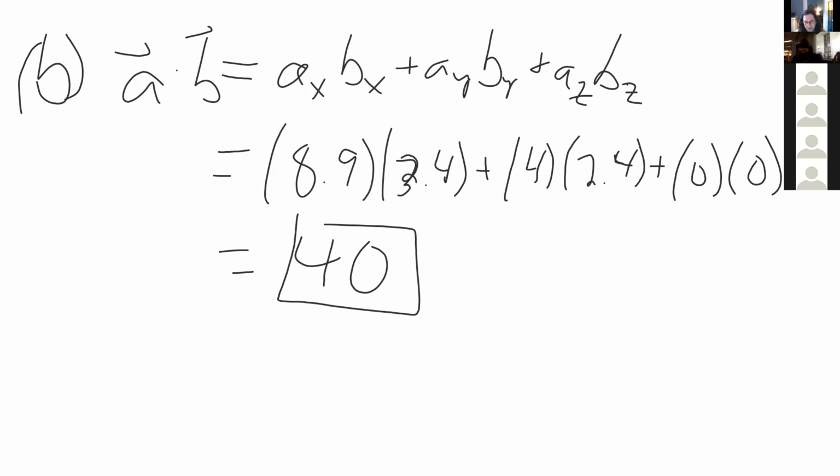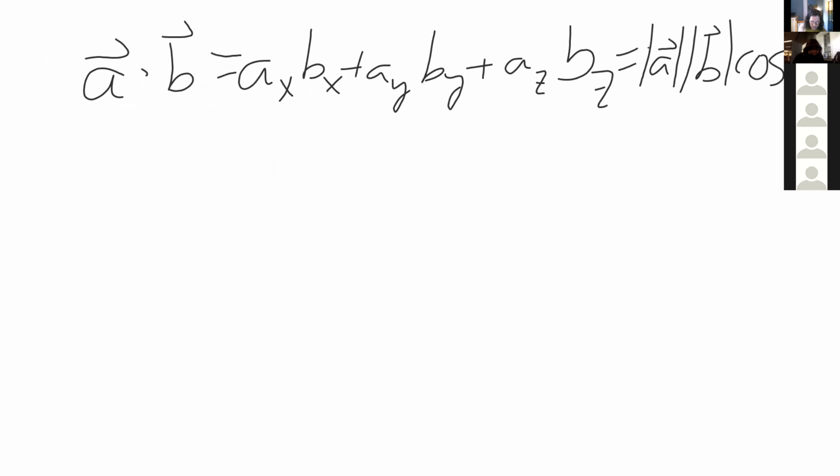Usually people don't have trouble with the dot product too much. So I'm going to go ahead and go to part C. This is the same as the last problem, but instead of subtracting, we just added them. So this is the dot product formula. If you just see this notation with the dot in between the vectors, then you just plug the components in like this.